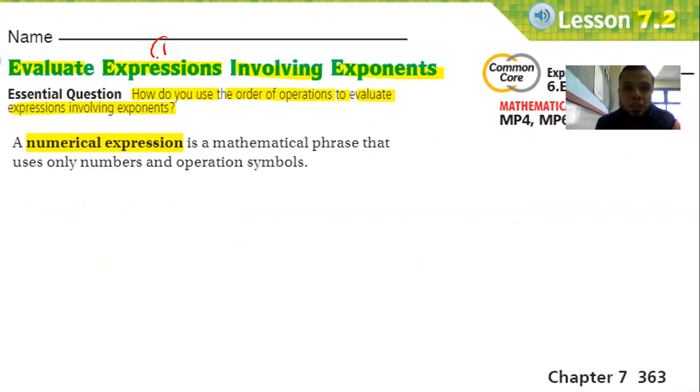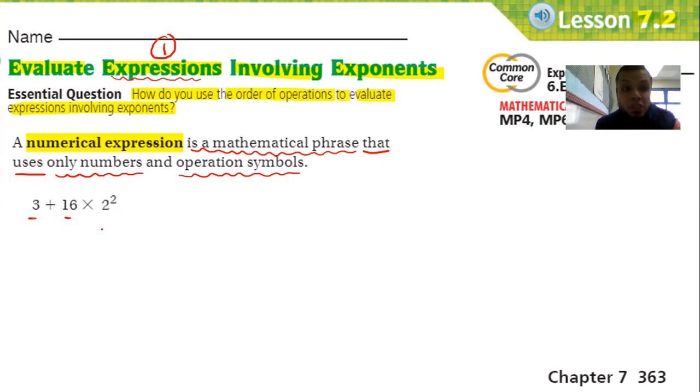The first meaning I want you to understand here is expression. A numerical expression is a mathematical phrase that uses only numbers and operation symbols, like this one. Do you see numbers?